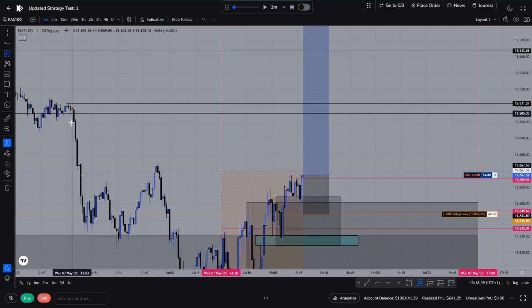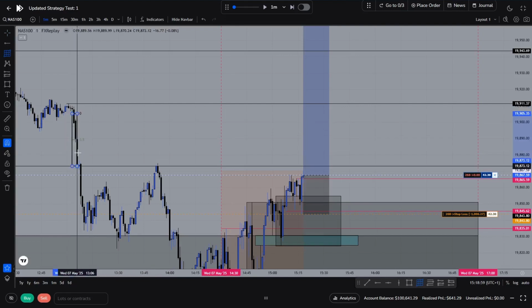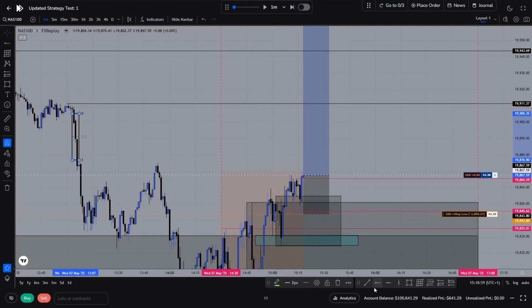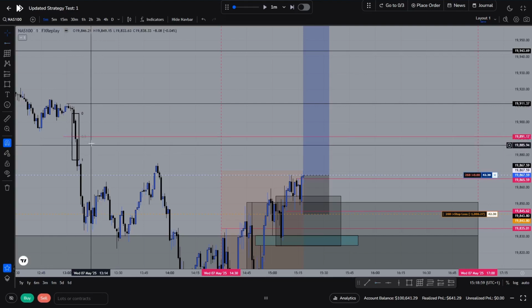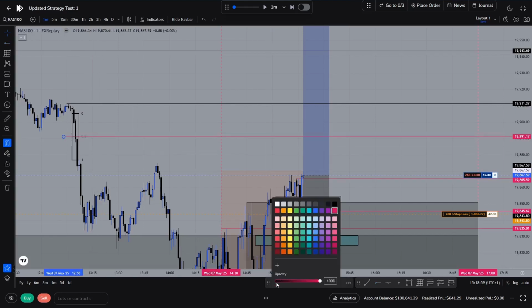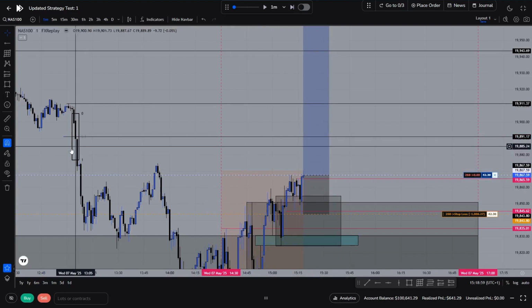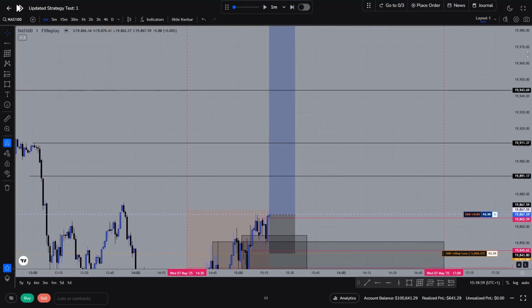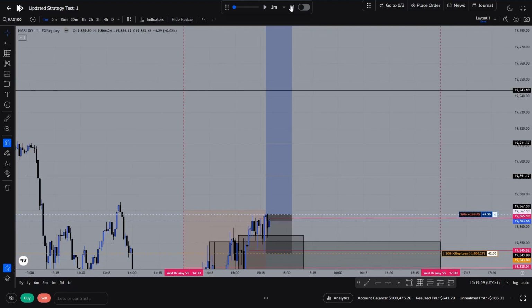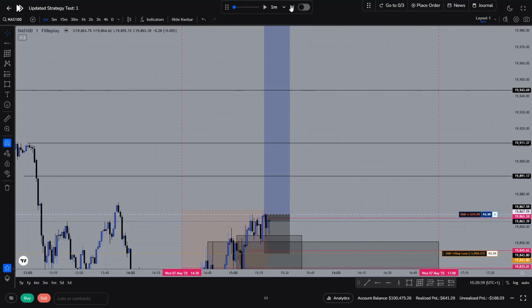I could target this whole imbalance. And that's my TP1 right there. So I'm gonna put my TP1 and break even, unless I get stopped out straight away.